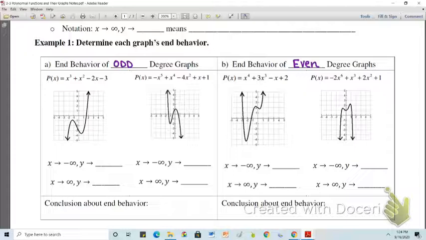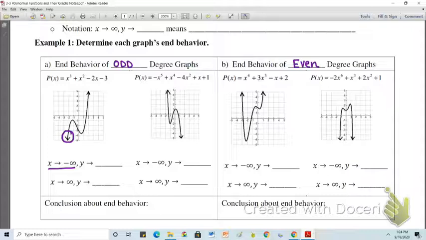So looking at odd degree functions, if I am looking at this part, so as x goes to negative infinity, this is what I'm looking at, just a little snapshot of that part of the graph. In other words, if I didn't know what else the graph was doing, what is it doing in that particular moment?